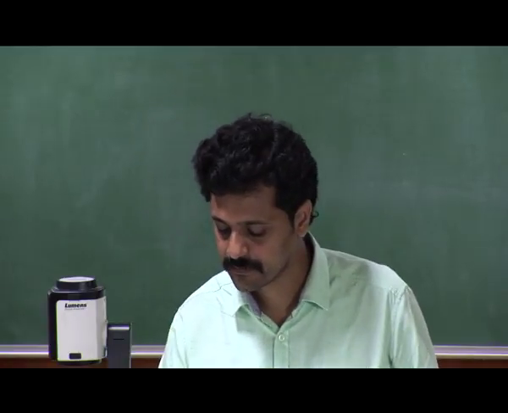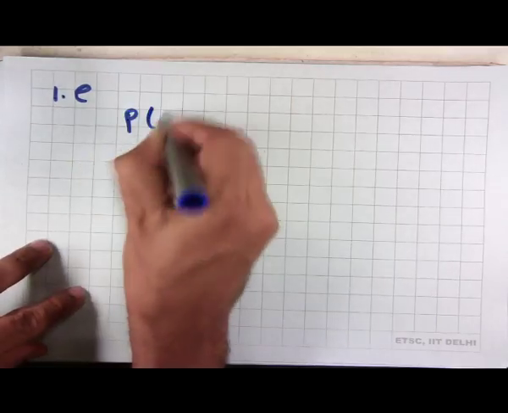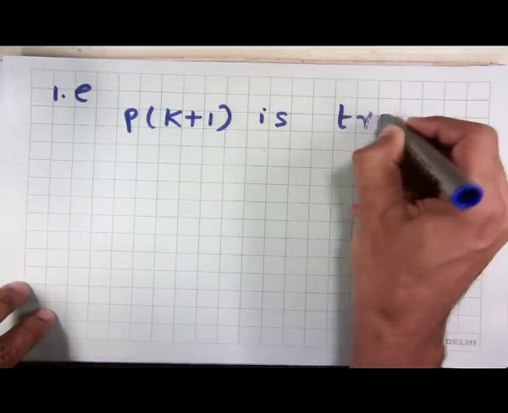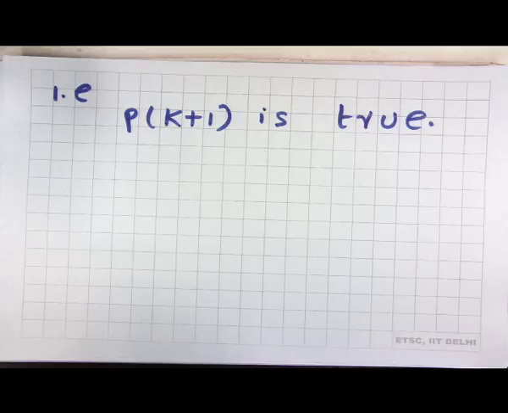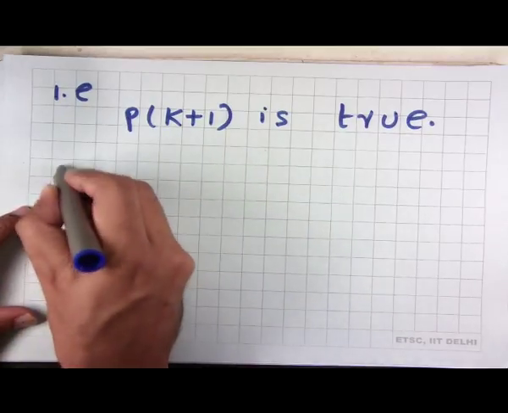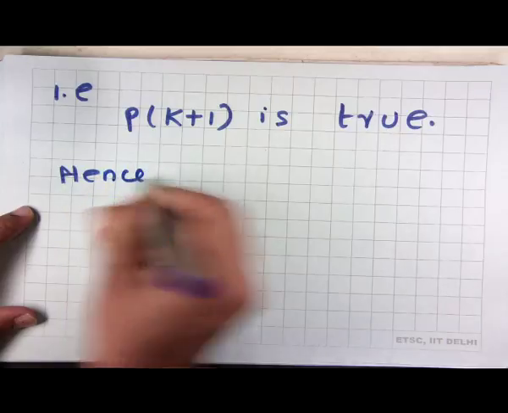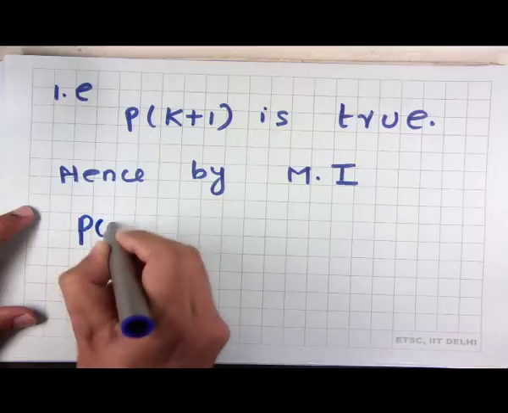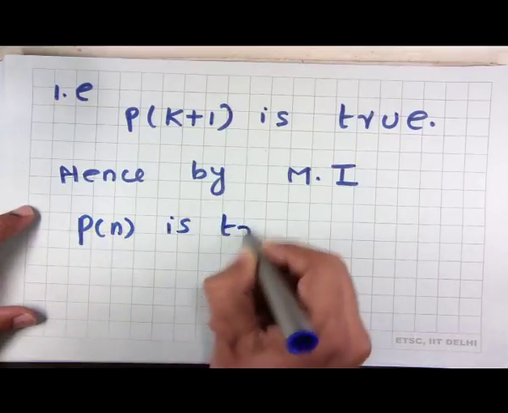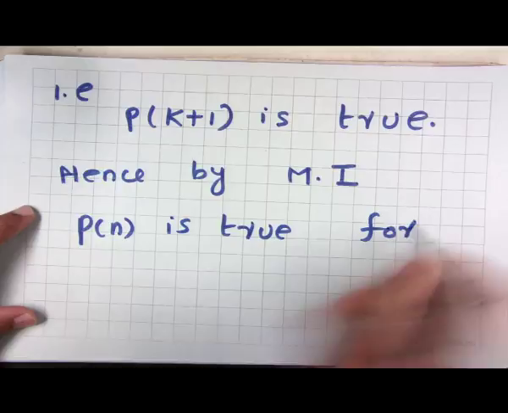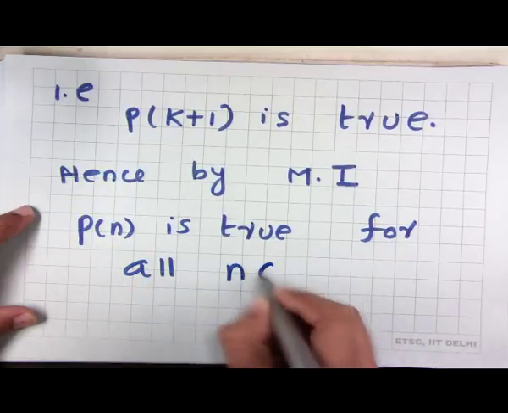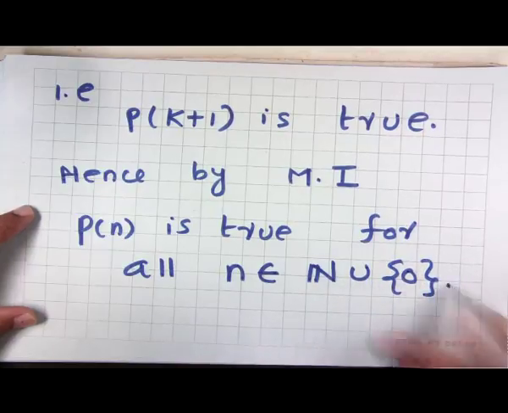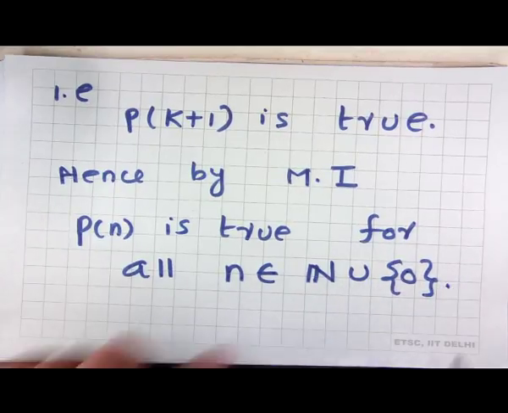That is, P of k plus 1 is true. Hence, by induction, P of n is true for all non-negative integer n. Recall that here in the basis step we proved P of 0 is true.